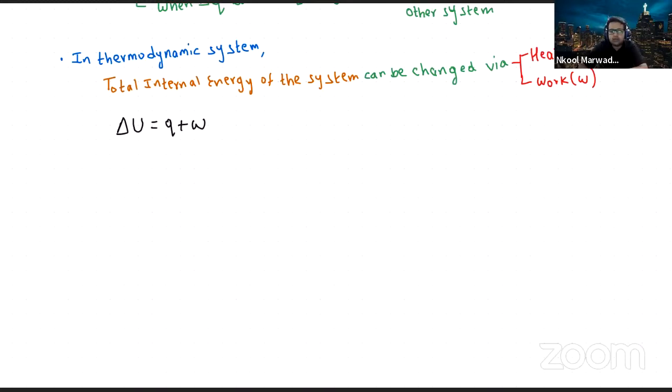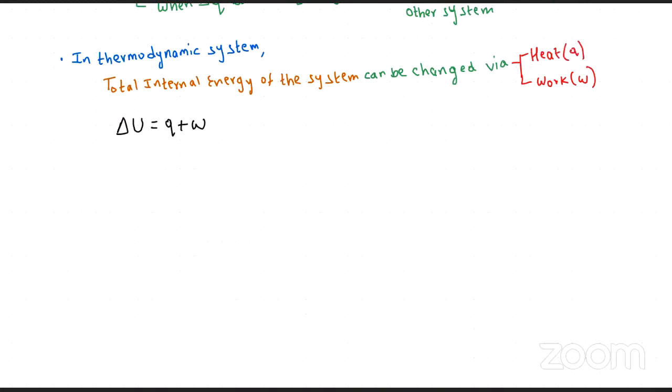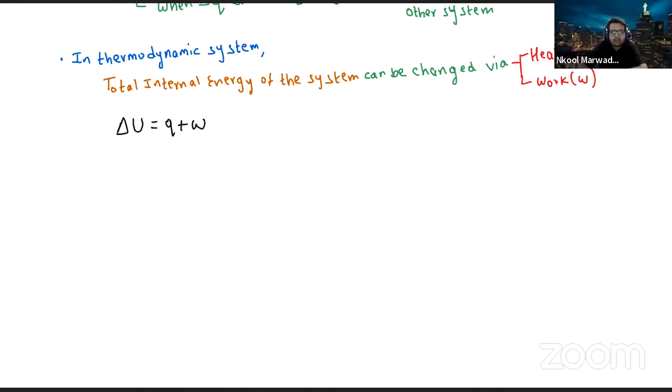We can have positive sign, we can have negative sign, for W and Q. Let me write it properly. Sign convention for work done.